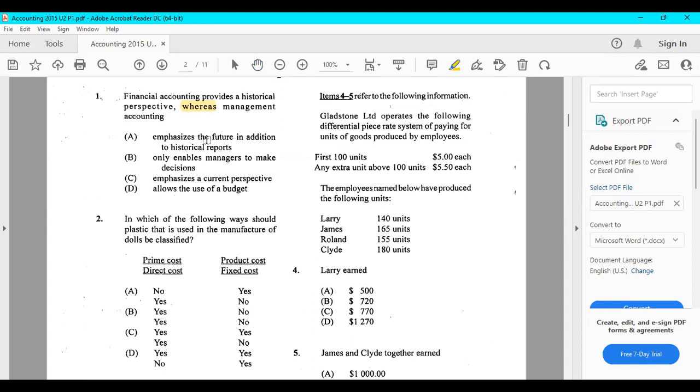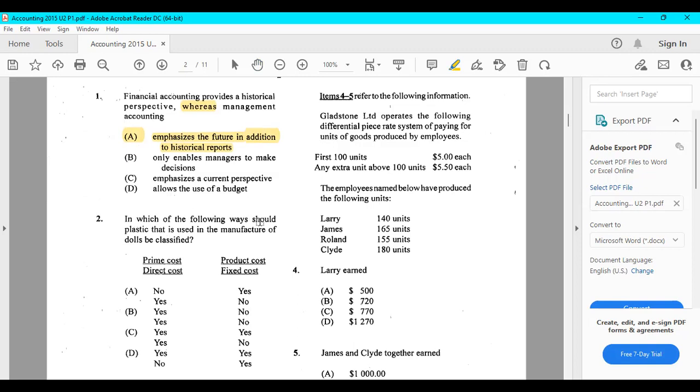It emphasizes the future in addition to historical reports, only enables managers to make decisions, emphasizes a current perspective, allows use of budget. The correct answer here would be A, so it emphasizes the future in addition to historical reports. So we use management accounting for future projections, right? And we also have to use some historical data in providing these reports.